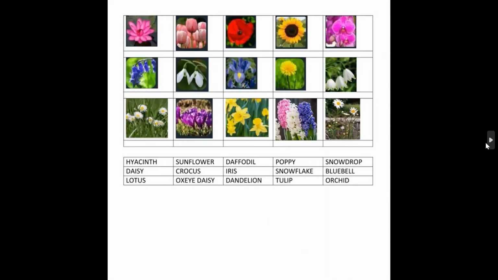Okay, the next one is the snowdrop, which is very similar to... Oh no, I confused myself, see? So we had the snowdrop in the same row, but the next one is of course the snowflake.